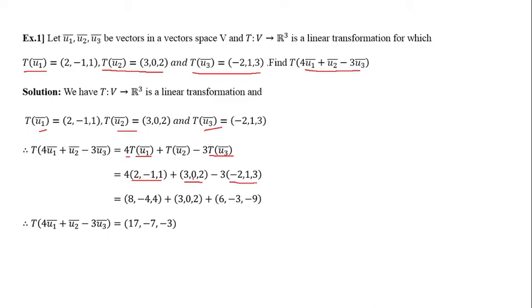So multiply 4 inside, here multiply minus 3 inside, and now make the addition in R3. So you will get T of 4u1 bar plus u2 bar minus 3u3 bar is 8 plus 3 plus 6, then minus 4 plus 0 minus 3, and the last component is 4 plus 2 is 6, and 6 minus 9 is minus 3.